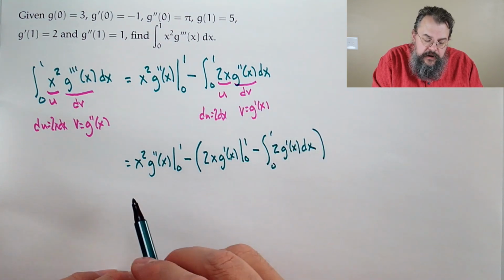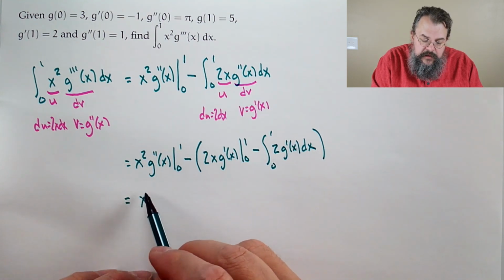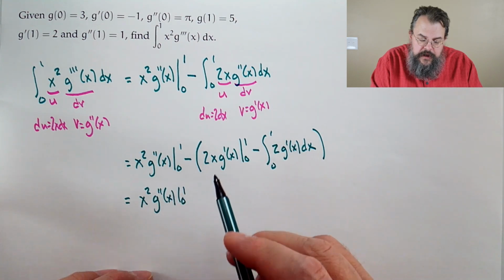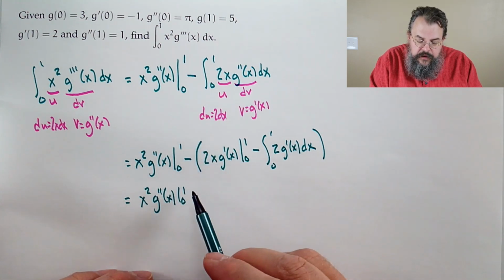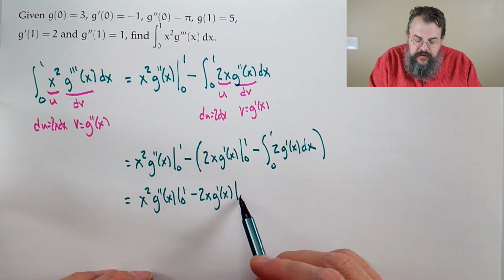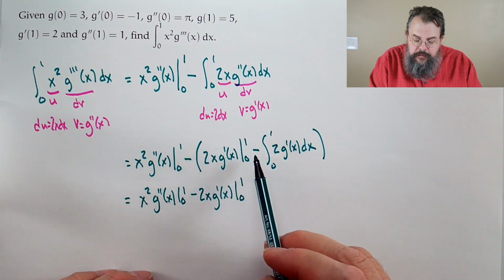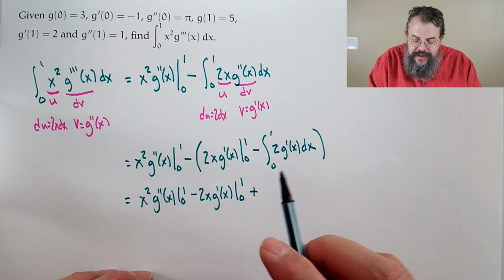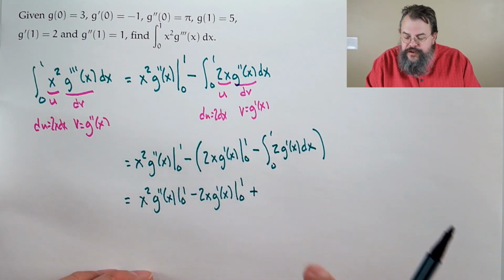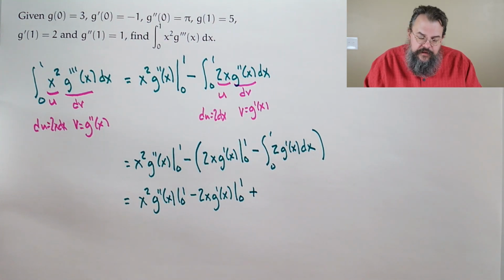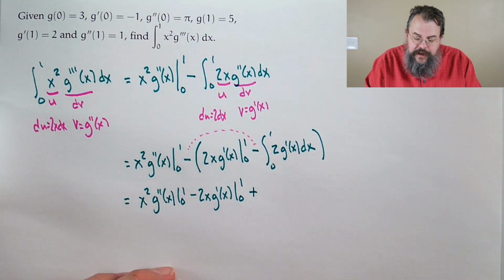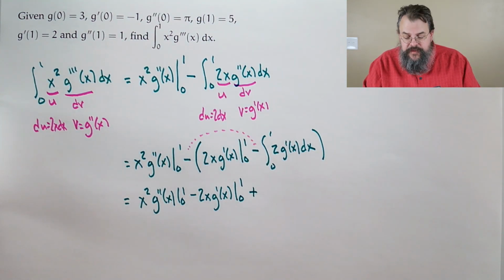Okay, now what do we have? x squared g double prime of x from 0 to 1 minus, distributes in, so minus 2x g prime of x, 0 to 1, minus minus makes it a plus. See that minus minus, that's what I'm talking about. Remember, that goes through. And I've seen so many people lose points because they forgot about that minus distributing.